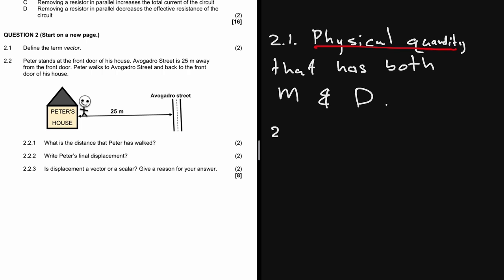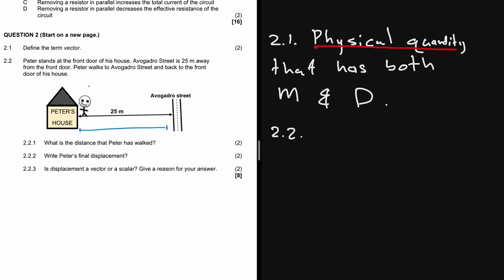Now 2.2. They say Peter stands at the front door of his house. Avogadro Street is 25 meters away from Peter's front door. So Peter walks to Avogadro Street and back to the front door.